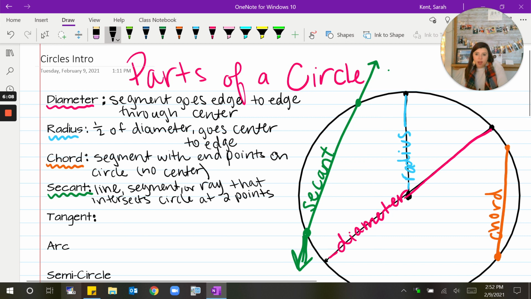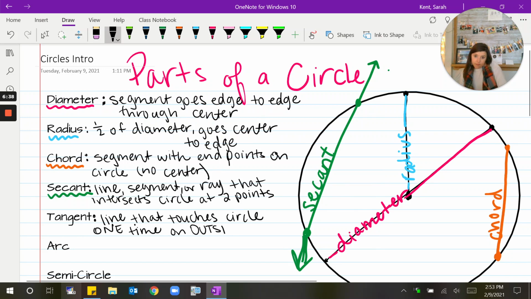And then the last type of line we're going to look at is a tangent line. So a tangent line is a line that touches the circle one time. And it's on the outside. So for our tangent line, it only touches once.